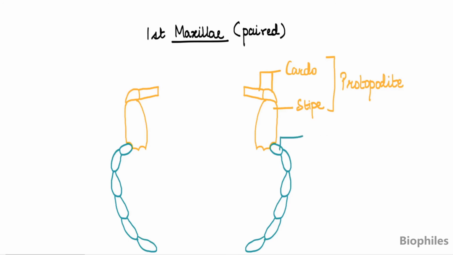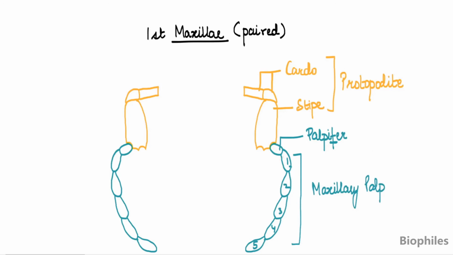So this one is the palpifur, remember the fur, and these 5 segments together form the maxillary palps.